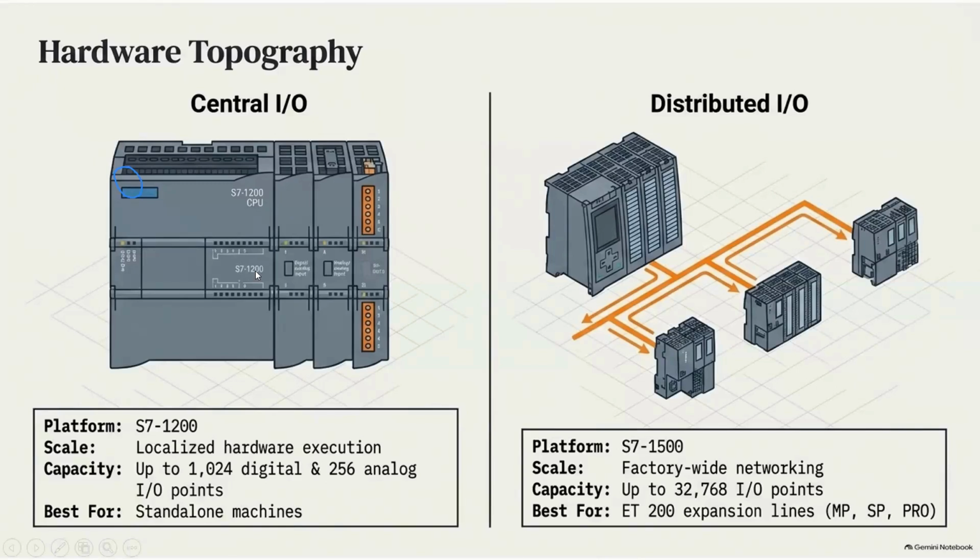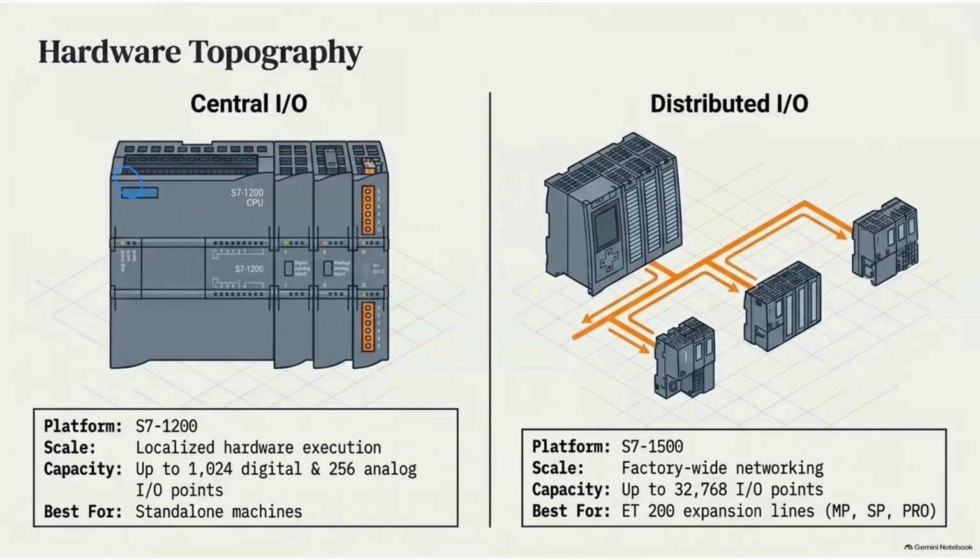So S7-1200 is preferred for small machines where the capacity is already expected and will not go beyond this, like a small room having small equipment. Consider a cement plant.